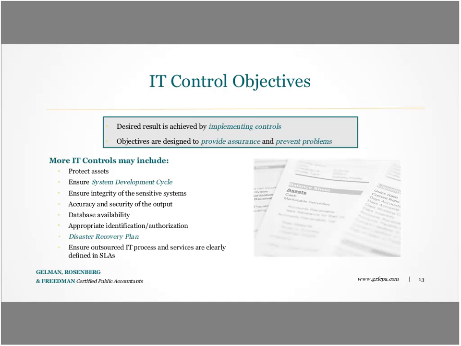Another objective is designed to provide reasonable assurance that the business objectives will be achieved and undesired events will be prevented. So those are the two main ones. You have the desired result achieved by implementing controls, and then assurance and prevention of future problems.